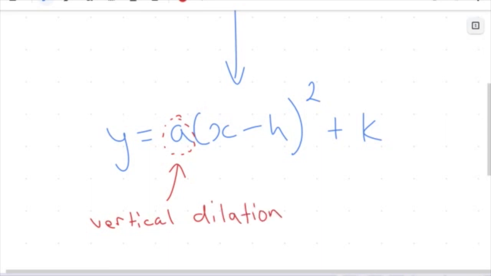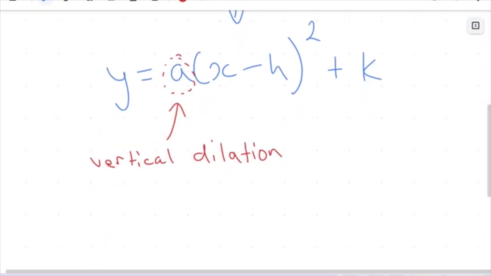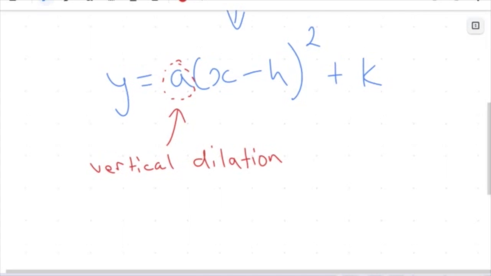So we looked at last year how, if this is a positive number and as the number gets bigger, my parabola gets stretched out, it gets steeper, or it can get wider as we go into the fractions. And the sign of this, whether this is positive a or negative a, depends on the reflection. So whether this will be a concave up parabola or a concave down parabola.